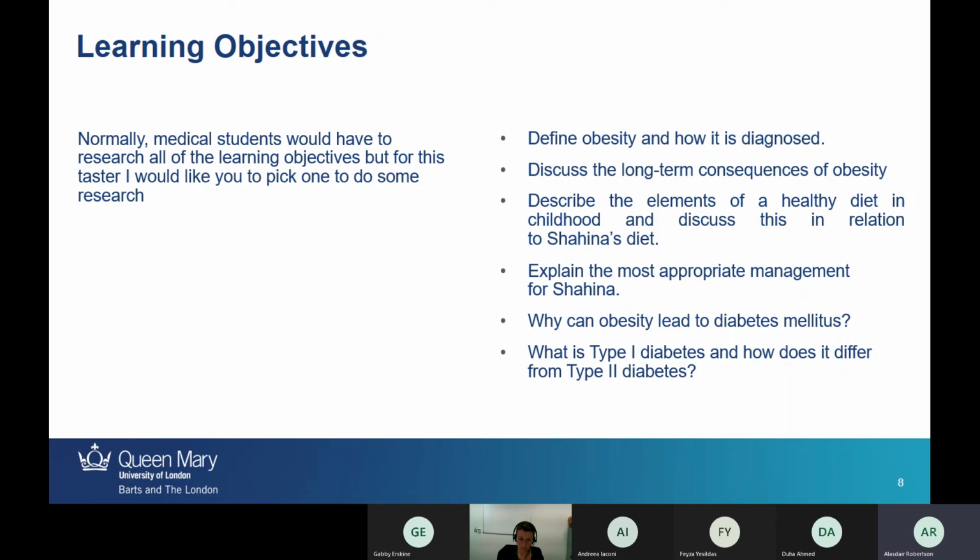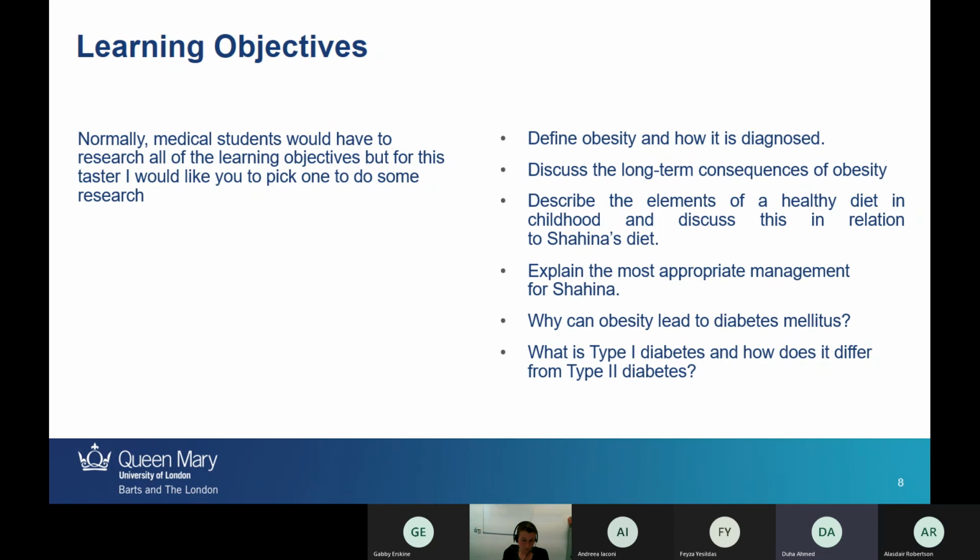And then the final question: what is type 1 diabetes and how does it differ from type 2 diabetes? I know we had another student who had researched that and mentioned it at the start. What did you find? Sorry, I can't remember your name. It's Doha.